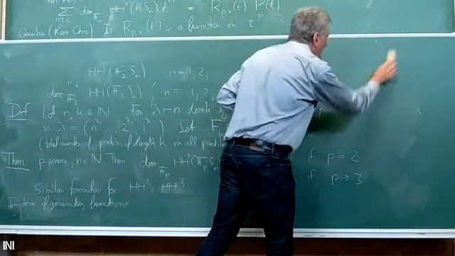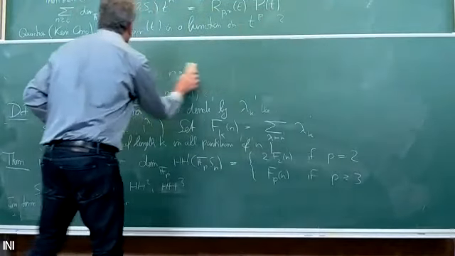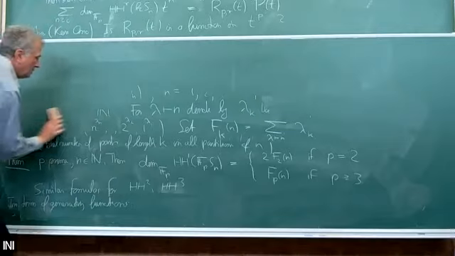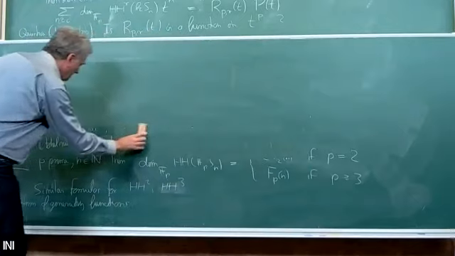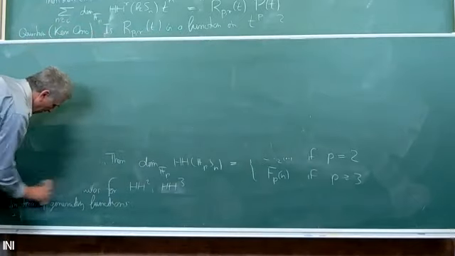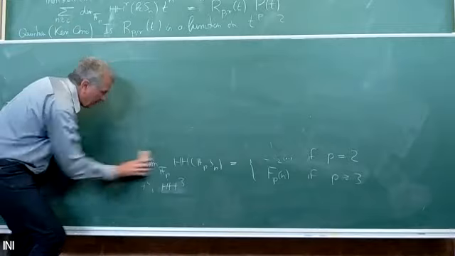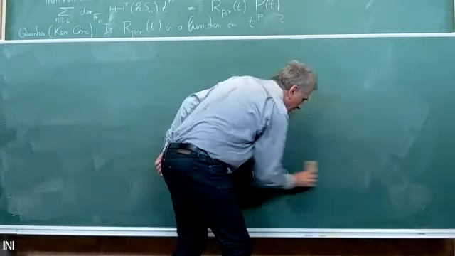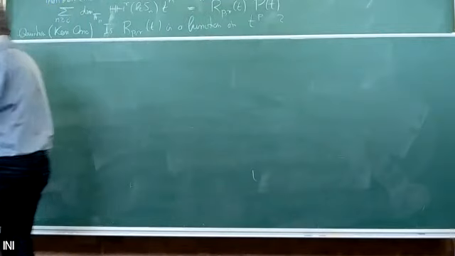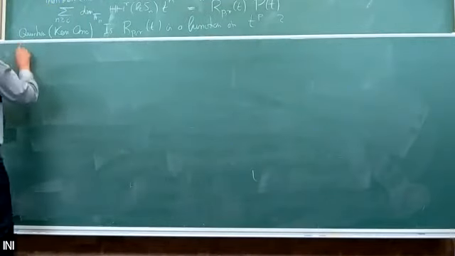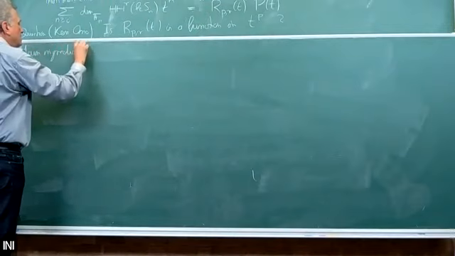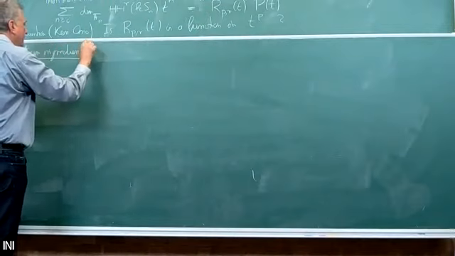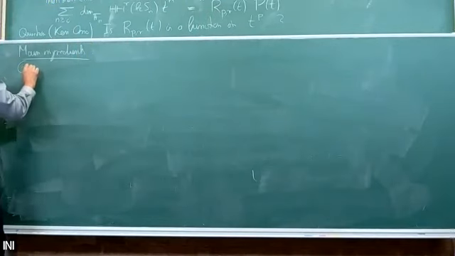Okay, so let me just very quickly say, I have a few minutes left, to mention what are the main ingredients that go into all of this. So the main ingredients. Without any surprise, it's the centralizer decompositions.